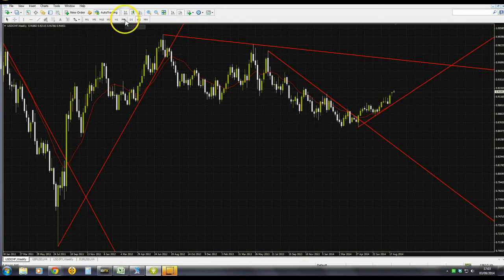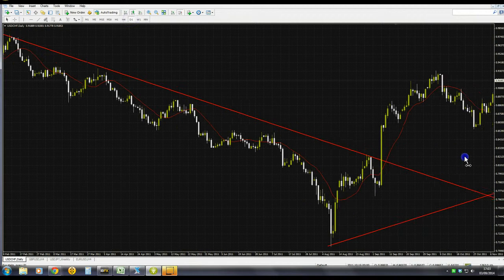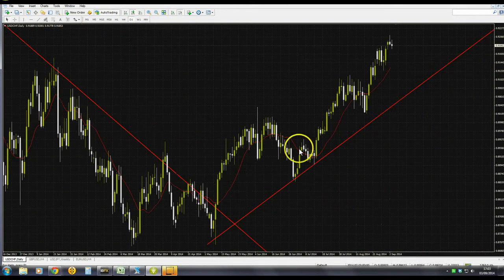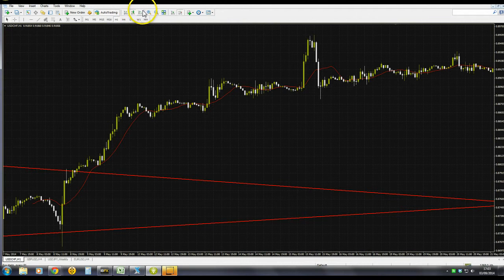Then you go to a shorter time frame, get your latest moves in. So we know that's in. We know this is in now, and we put the faster one in. Go back to our normal time frame, whether it be 1 hour or 4 hours.